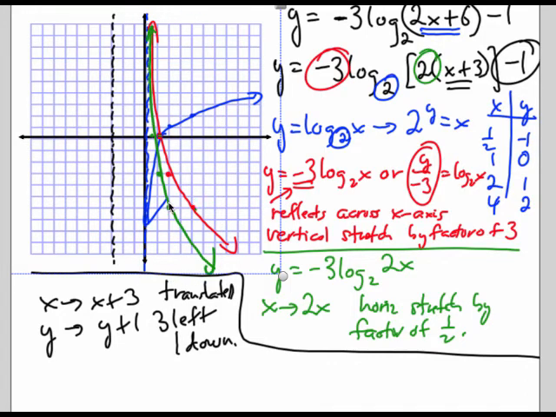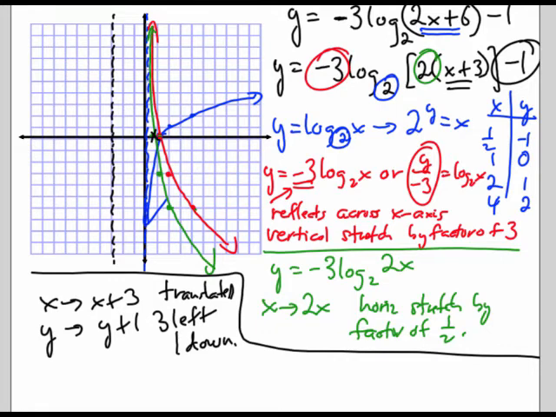Now the easiest way for me to do a translation on this screen is to take my graph, make a copy of it, slide it 3 to the left, and 1 down. So it's approximately there. But let me do this by hand to make it a little bit more accurate. It's just very hard to graph accurately on a screen, so I'm doing my best. So we're taking our green graph and moving it 3 left and 1 down.